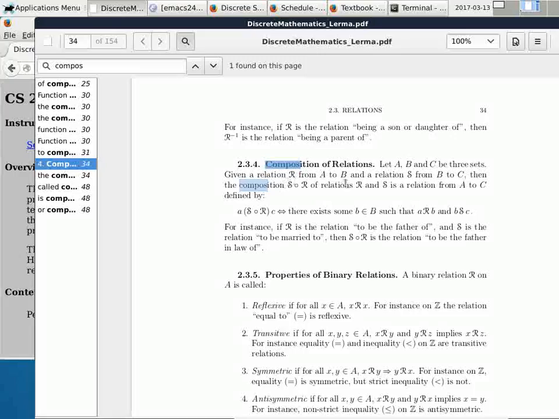So R is from A to B, and S is from B to C. Yes, you are right.